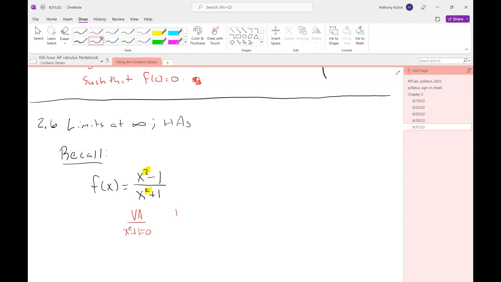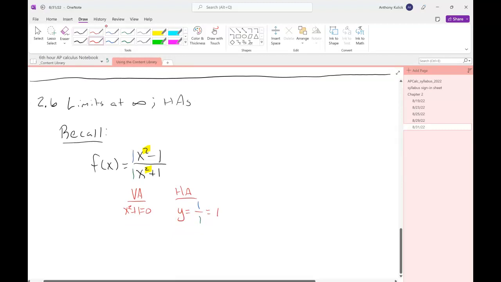In the case where the degrees are equal, we had a horizontal asymptote, located at the leading coefficient of the numerator divided by the leading coefficient of the denominator. So we'd have the horizontal asymptote at y equals 1. Does that ring some bells?